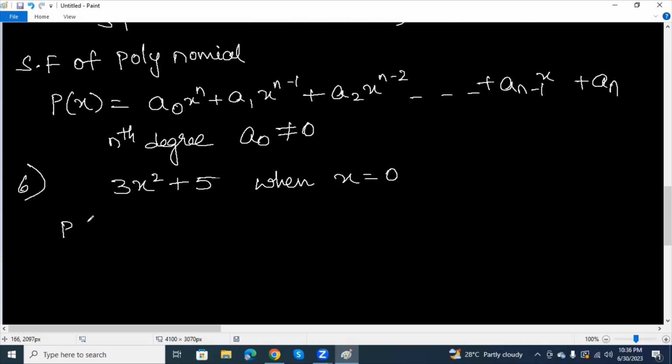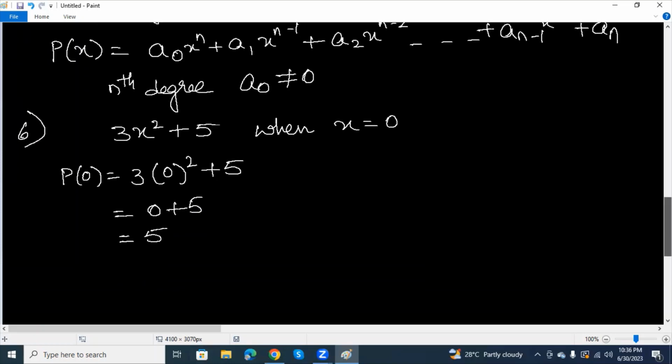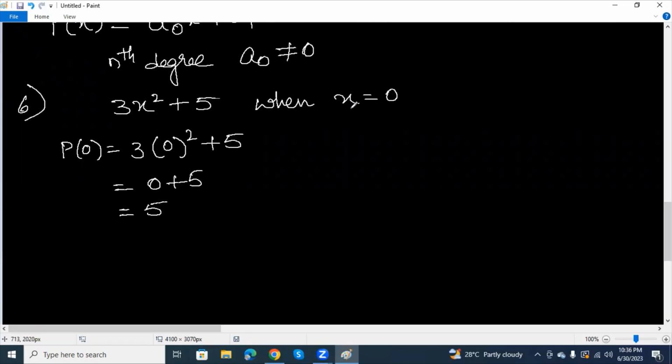So, p of 0 you need to find out. 3 times, instead of x, substitute 0. So, what will it become? 0 into something is 0, 0 plus 5. So, 5. So, the value of this polynomial at x equal to 0 is 5. So, value means it is nothing but substituting the given x value. By substituting that x value, you will get to know the value of a polynomial.